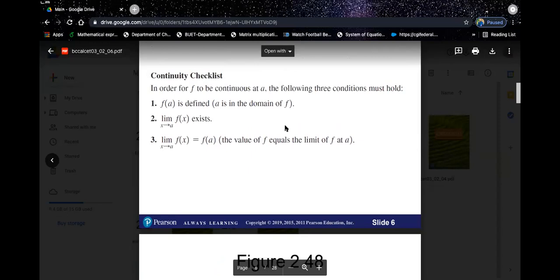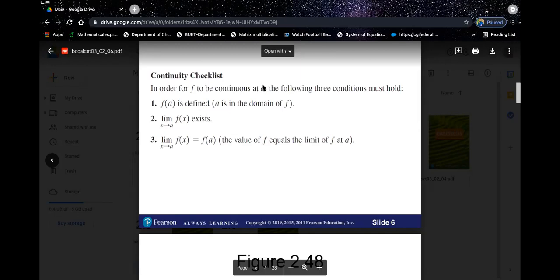All right. So if we're trying to see if a function is continuous at a given point, all three conditions have to be satisfied. The first one is you need to have a defined value at that particular point where you are looking for the continuity.